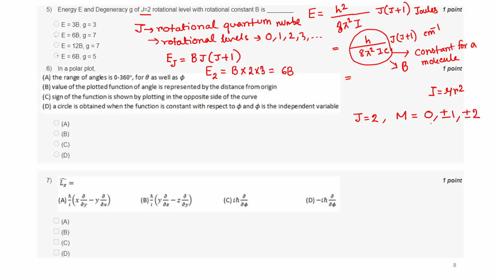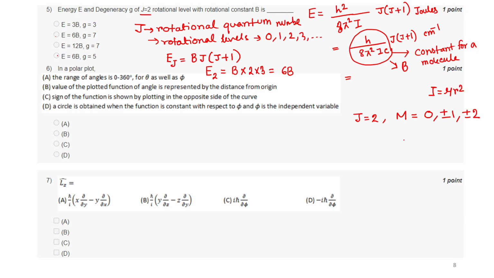So how many degenerate states are you going to get? Can you tell me? For J equals 2, how many states are there? 5. 5. Now they are degenerate when there is no perturbation. You get my point? When there is some perturbation, then these states are going to have different energies. Like 0 will have some energy, and plus minus 1 will have different energy. So that is very important.